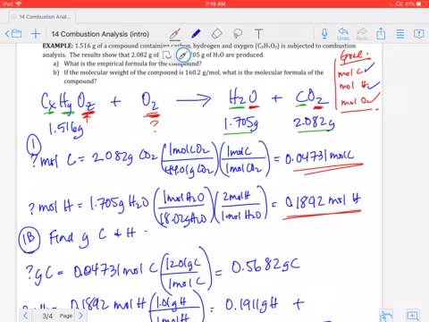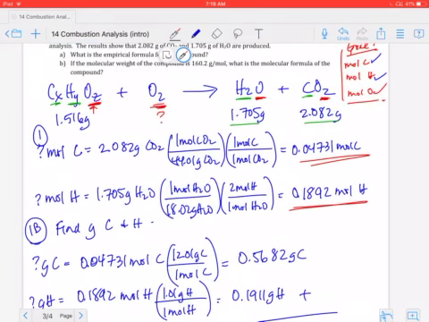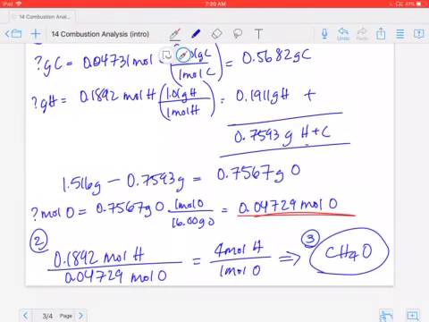If I have oxygen in my starting compound, then I'm going to have to do this extra step where I take the moles of carbon and moles of hydrogen, convert those to masses to figure out what the mass of that part of the compound is, subtract those two to find the mass of the oxygen, convert that oxygen into moles, which we did right here, and then go back and just finish our empirical formula process where we ratio the moles of each substance and then end up with our final compound.